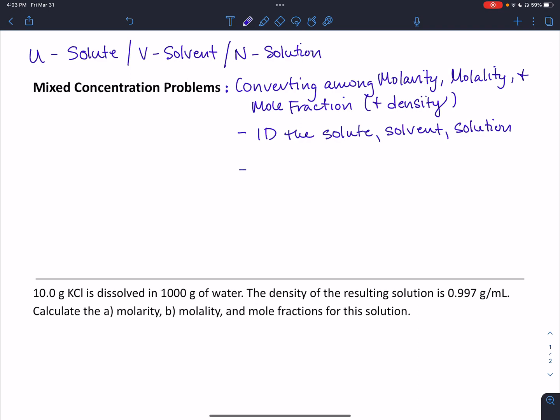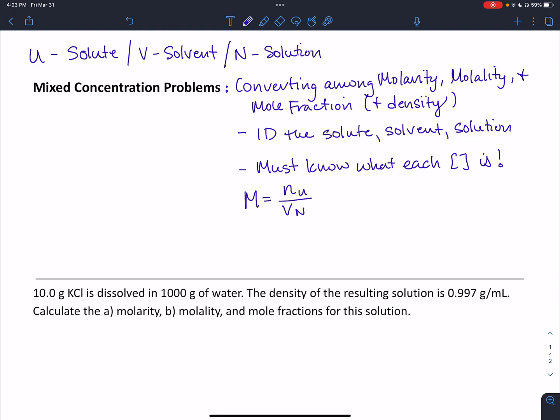The other thing you have to know is what each concentration unit really means. For molarity, we say moles per liter, but specifically it's moles of your solute divided by your volume of the solution.